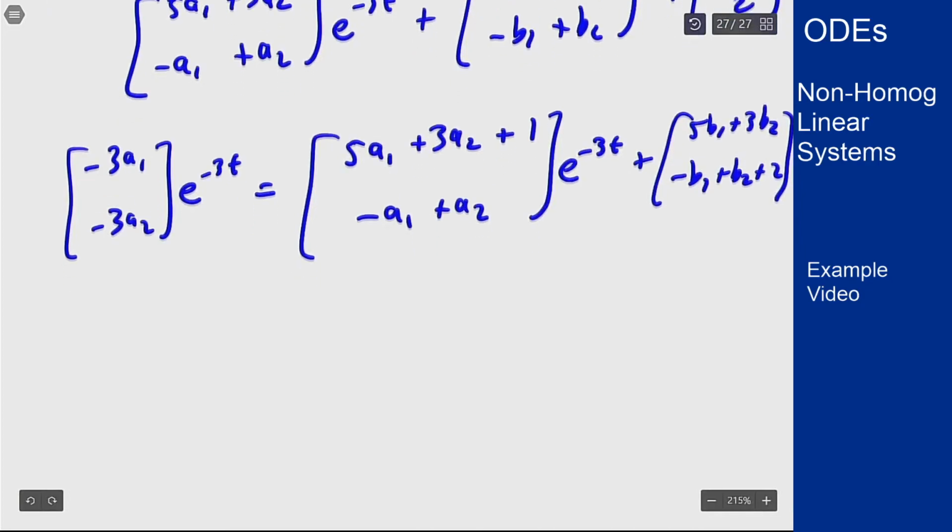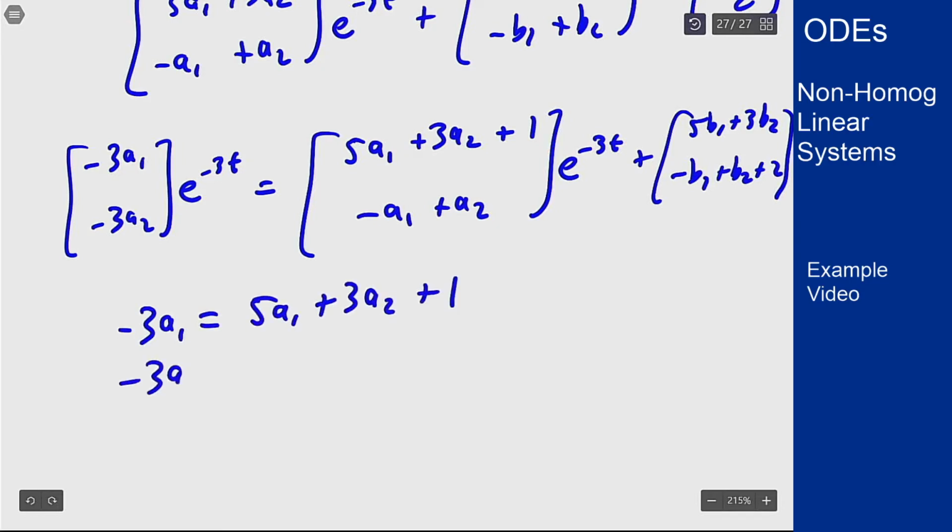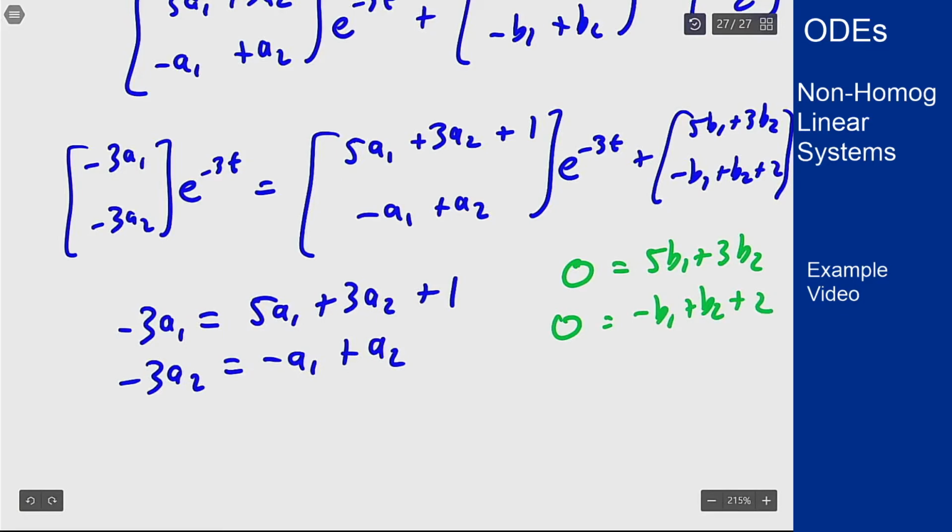It is pairing up the e to the minus 3t terms. Negative 3a1 equals 5a1 plus 3a2 plus 1. Negative 3a2 equals negative a1 plus a2. And pairing up the constant terms, 0, because there's no constant term on the left-hand side, is 5b1 plus 3b2. And 0 equals negative b1 plus b2 plus 2.